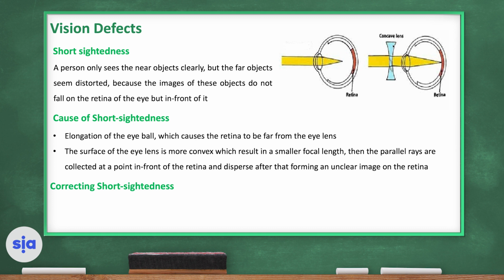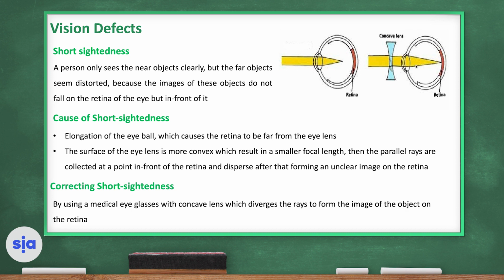And we correct short-sightedness with a concave lens. So if you have short-sightedness, you have to wear eyeglasses with a concave lens, which diverges the rays and then causes the image to fall exactly on the retina.